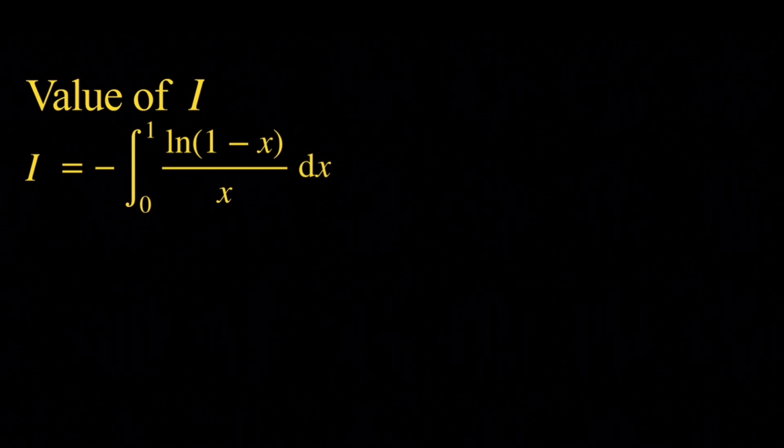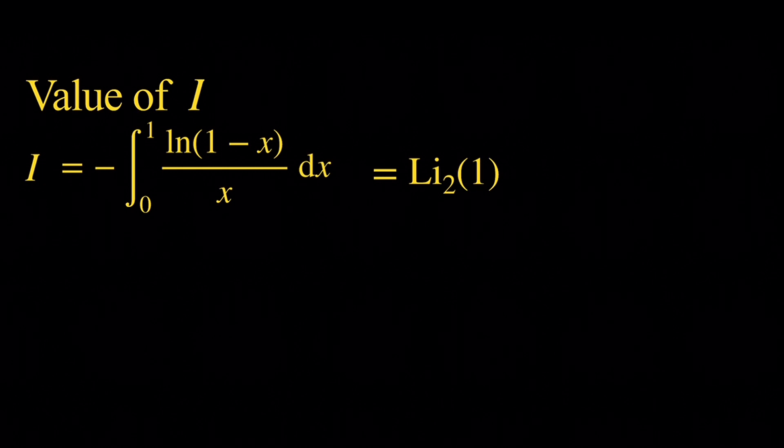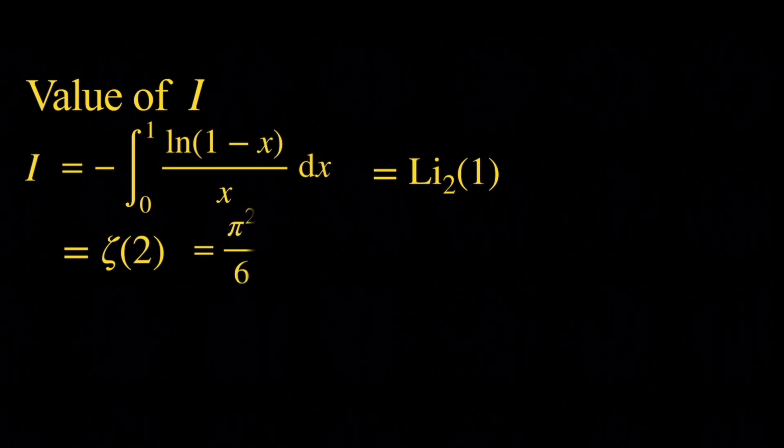So the idea here is to look at this as a special function, and that function is the Dilogarithm function. So this is equal to the Dilogarithm function evaluated at 1. And as we evaluate the Dilogarithm at 1, we get exactly zeta of 2. And zeta of 2 is precisely pi squared over 6.